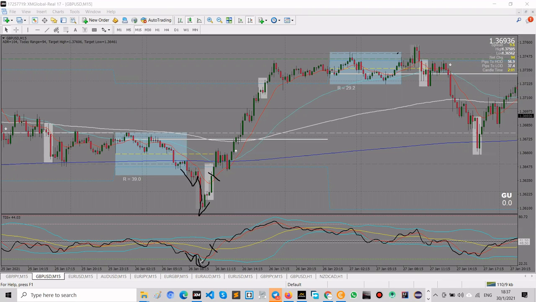As you can see, this was also a shark fin on the second leg, so this was a really powerful signal, guys. This was a really powerful move, and money was made. So you can see that Friday, money was made.